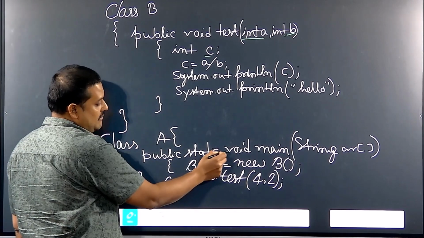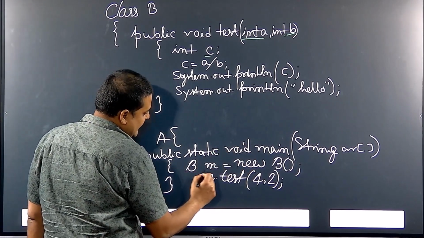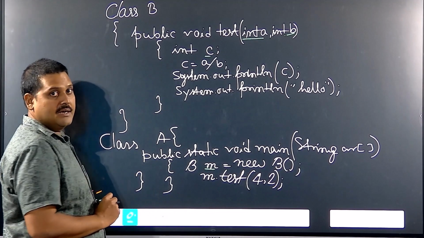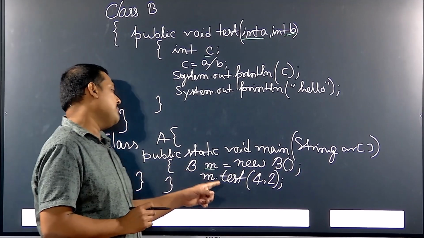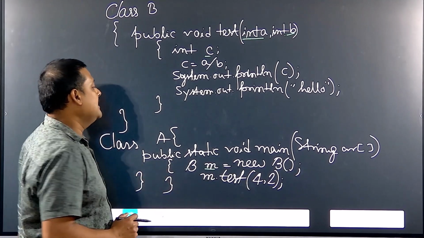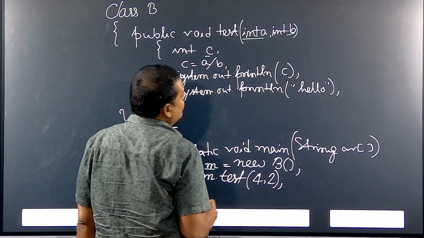First main will be called and some variable M will be created. M is the object reference variable, and through M I am calling this test method with 4 and 2 values. So what will happen?